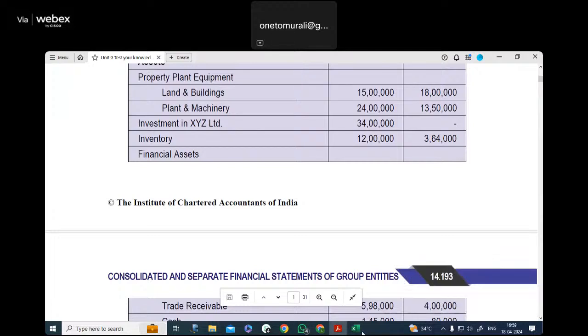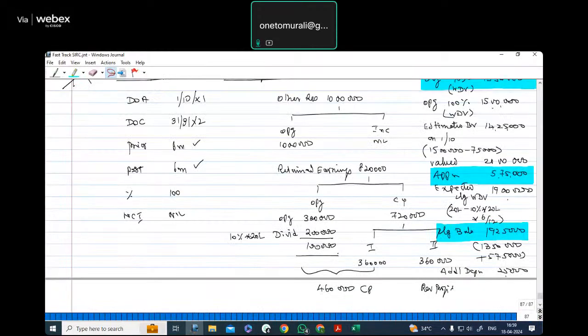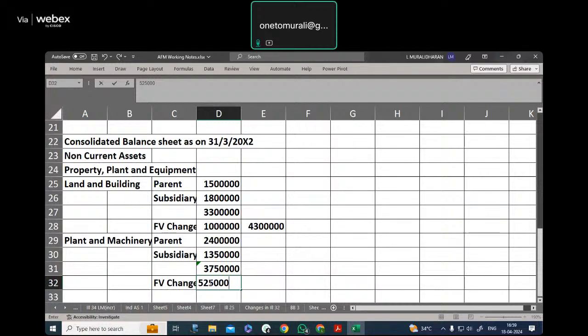₹24 lakhs, 13 lakh 50,000. 13 lakhs and 50,000. Fair value change was 5 lakh and 25,000. Remember that number, 5 lakh and 25,000? Sorry, 5 lakh and 75,000.